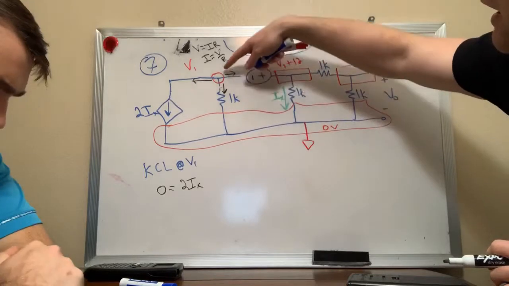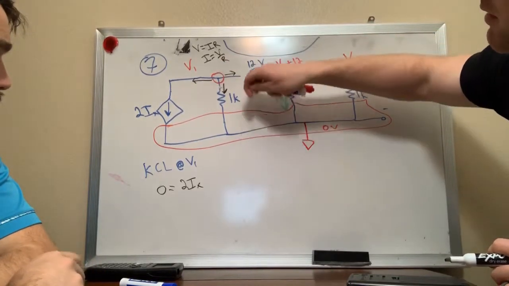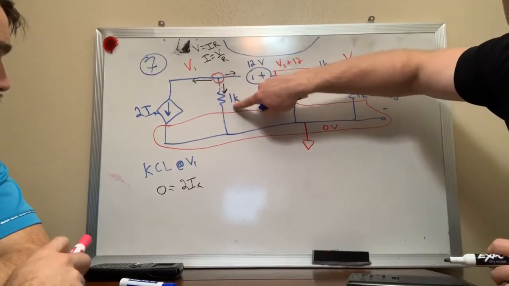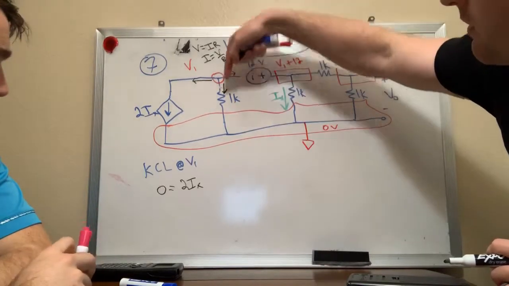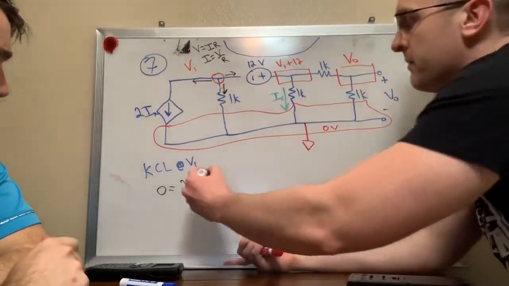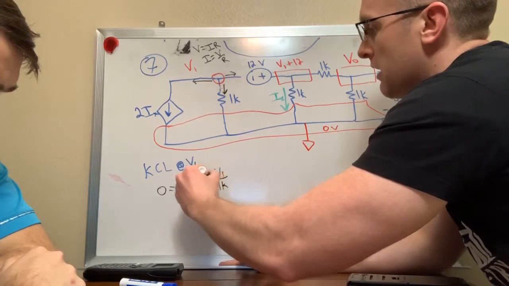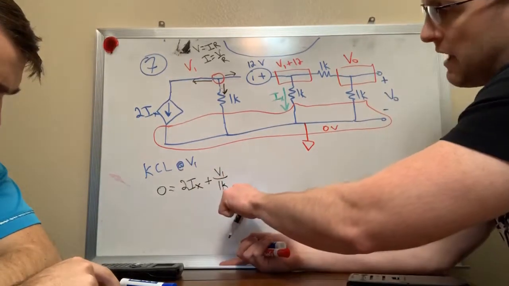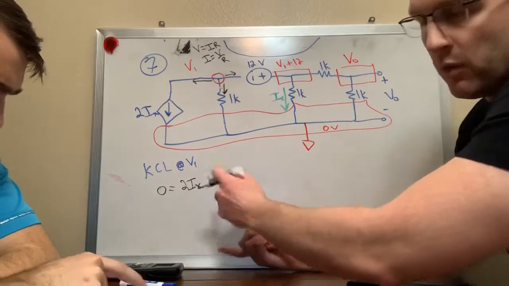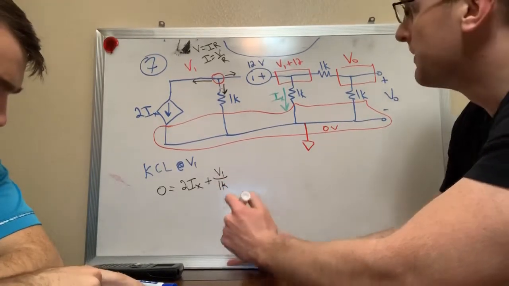I've already called the voltage over here V1, and the voltage here is 0. So the voltage drop across this resistance is V1. So the current going through that resistor is V1 over 1K. I'm going to add that in my equation, V1 divided by 1K, where K is 1,000. I like to write 1K because K is not a variable, it just signifies 1,000.